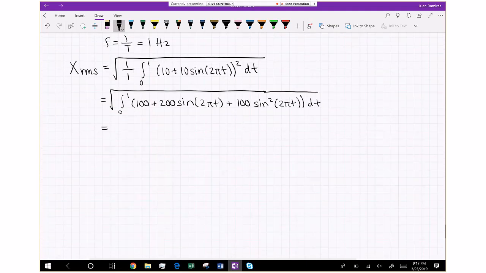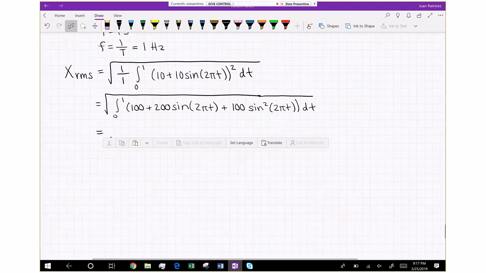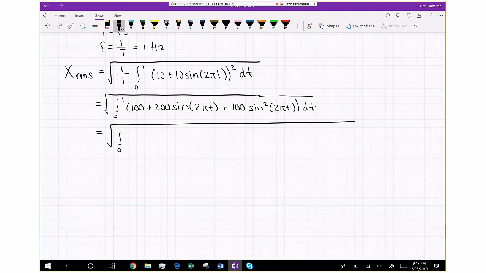Next, so integrating the 100 and the 200 sine 2 pi t, not too difficult. Now for the sine squared, we're going to again have to use that trig identity to convert it from a sine squared to cosine of 2 times the argument. So what I'm going to do is split up these integrals into each of the terms.